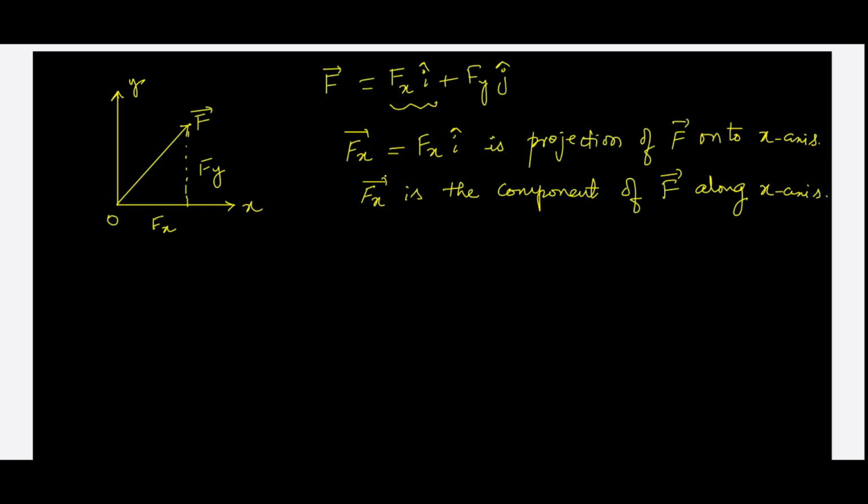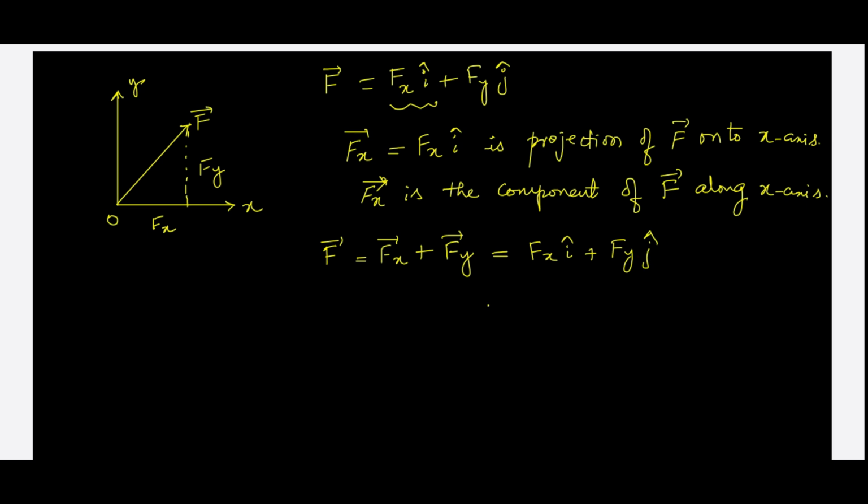Projection and component mean pretty much the same thing, right? Okay, so now your F can be written as fx plus fy, which is fx i cap plus fy j cap.